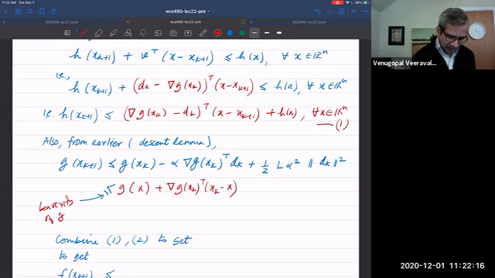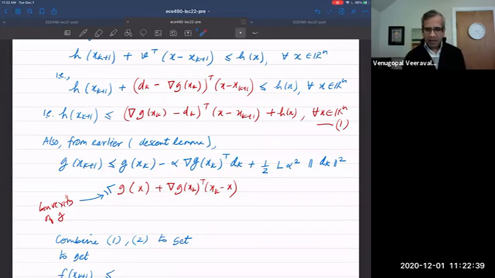So basically, I'm exploiting the fact that g of x will be bigger than g of xk plus gradient of g of xk transpose x minus xk. I brought that to the other side because I have g of xk here. I want an upper bound. So I get that.